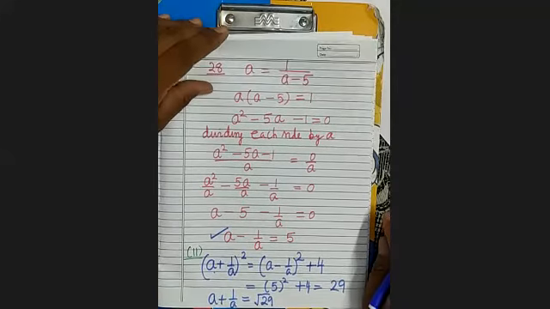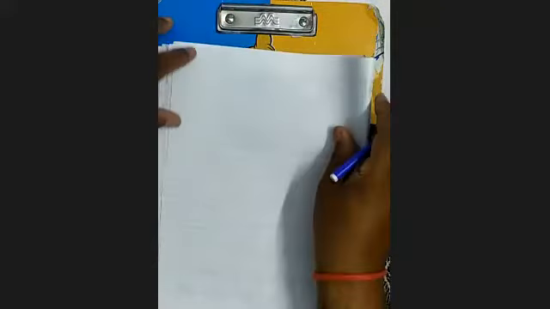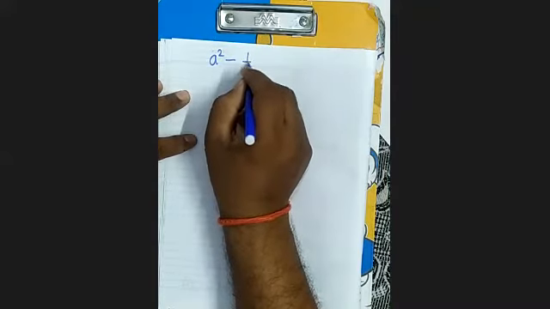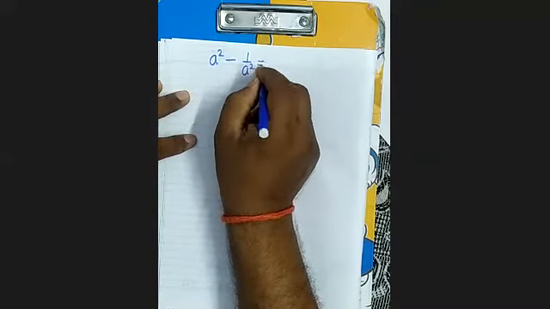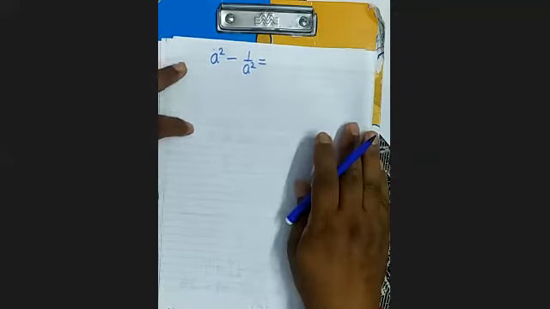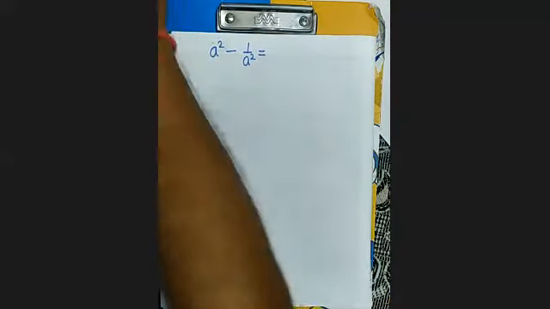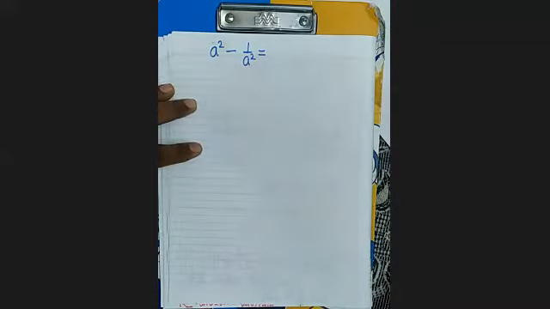Yes, sir. Now in the third part you have to find A square minus 1 upon A square. We told a formula for this. What will be A square minus 1 upon A square?